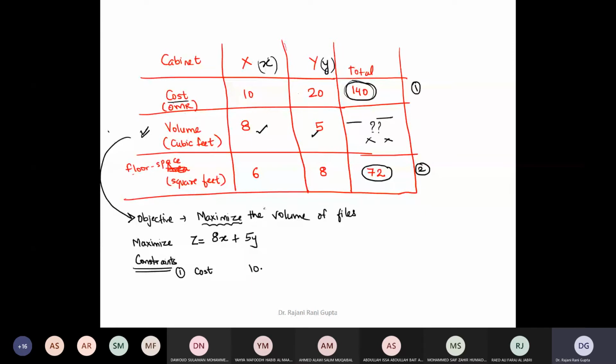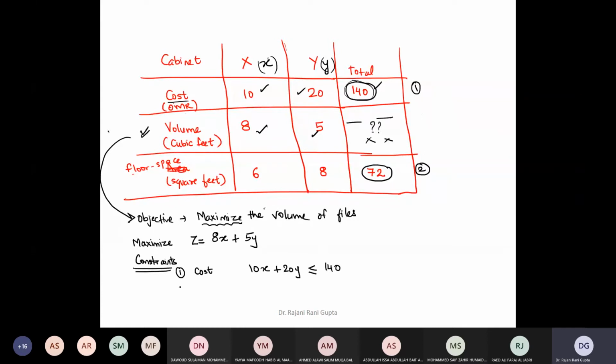One cabinet of type Y costs 20 riyal, so Y cabinets will cost 20y. The total amount available to you is 140. You can spend all of it or less, so it can be less than or equal to 140.